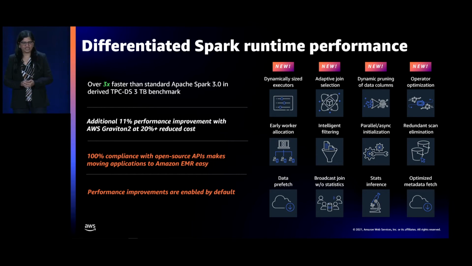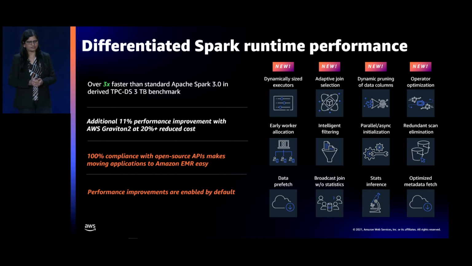And so we have differentiated Spark runtime performance on Amazon EMR. The primary tenets we have here are we do not want to break the API compatibility. So just because we are working on enhancements on Spark, we do not want to break the API compatibility with open source. That's a primary tenet for us.